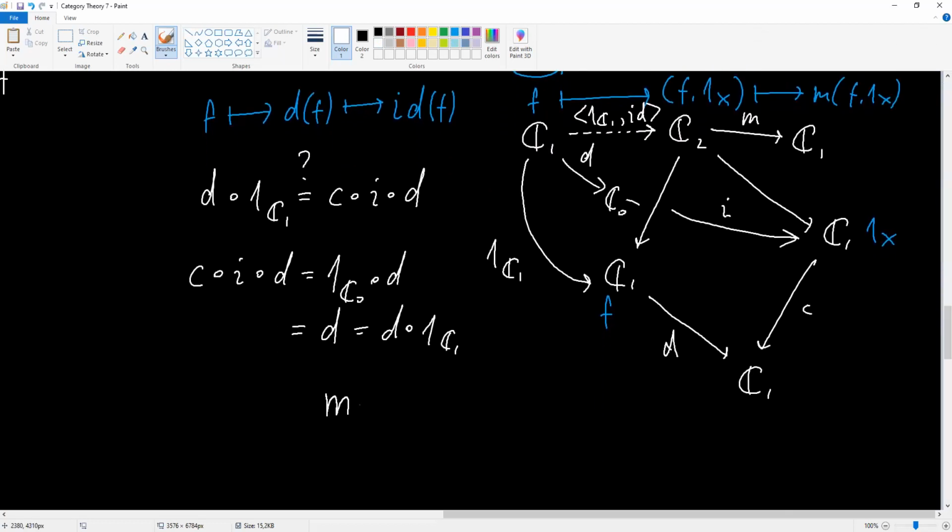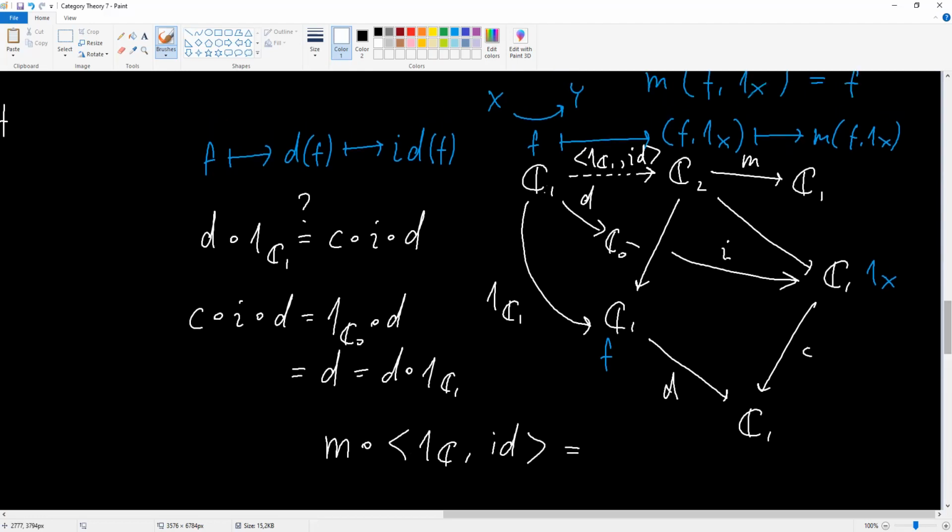So I want M composed with this morphism to equal what? If these were sets, I want this composite to take F to itself. So what should I write here? M composed with this equals what? Would it be the identity of C1? Yes, it will be.